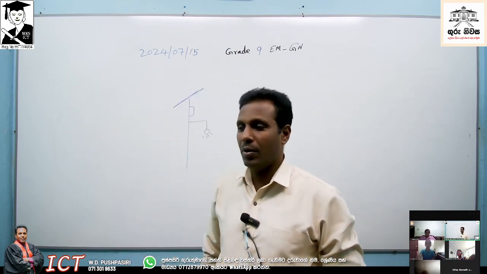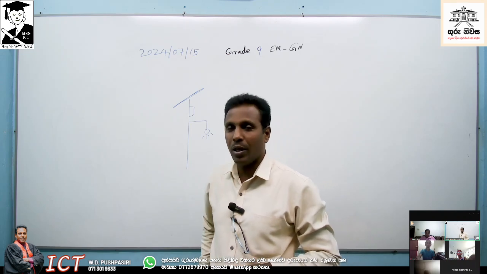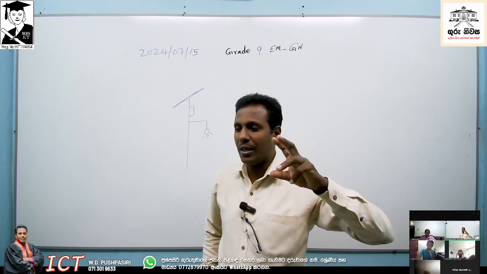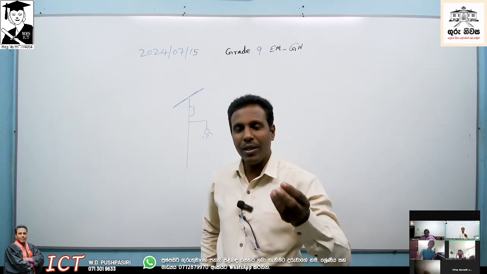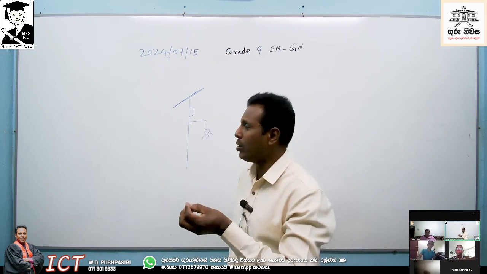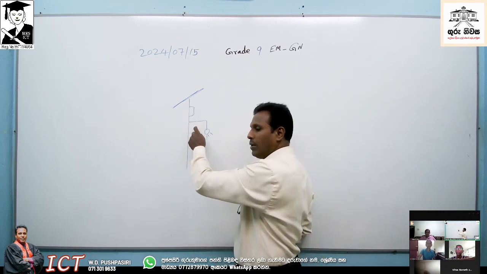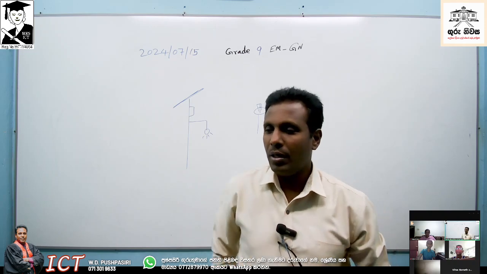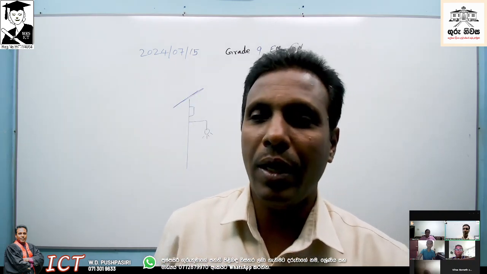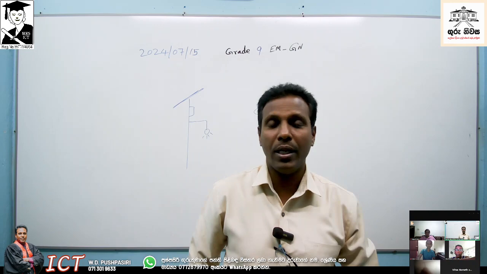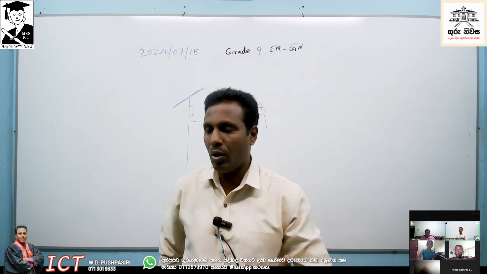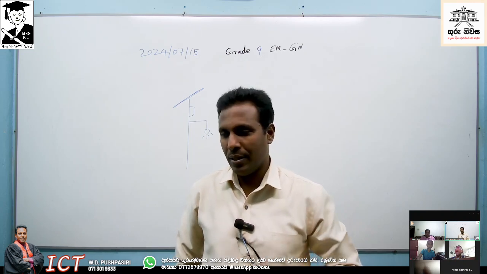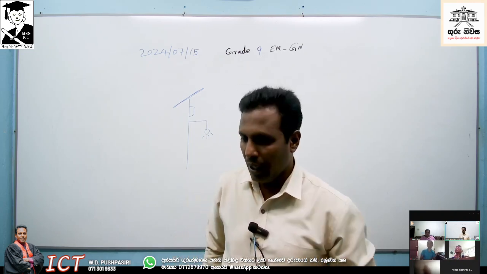When it rains it becomes dark, so the sensor detects that there is darkness and gives the signal to the microcontroller. According to the microcontroller it works, so the light will be on. You may have seen on the road, when it rains and gets dark, those lights are on. No one switches them on; it's automatically switched on because of the sensors. Clear?